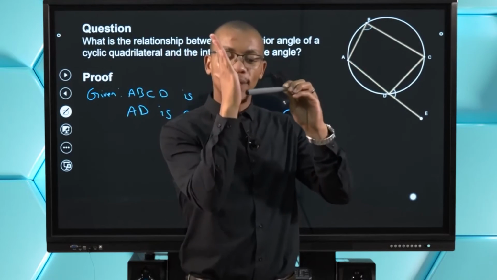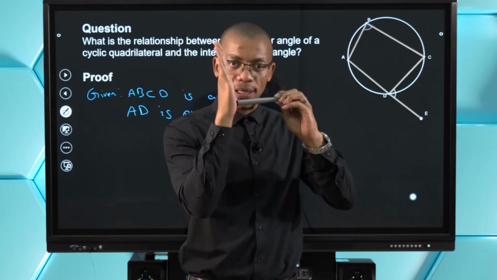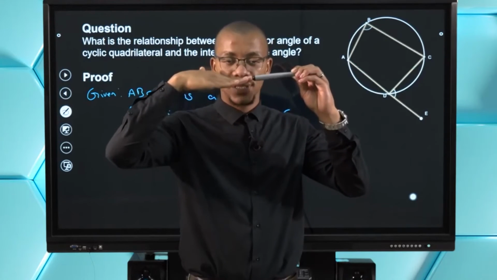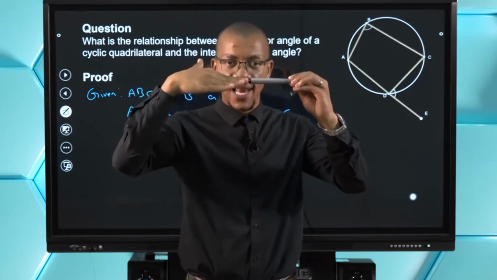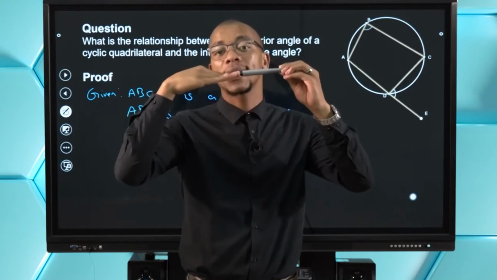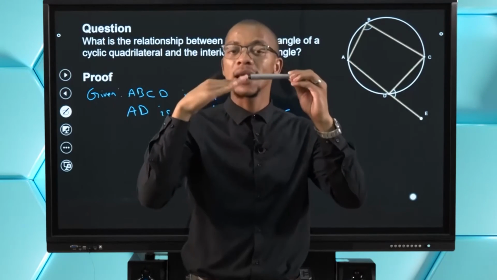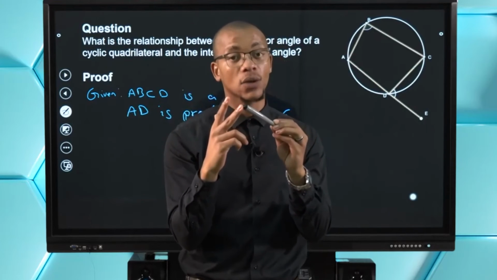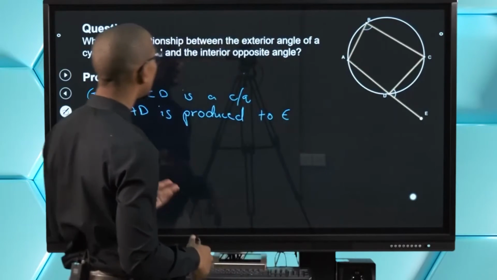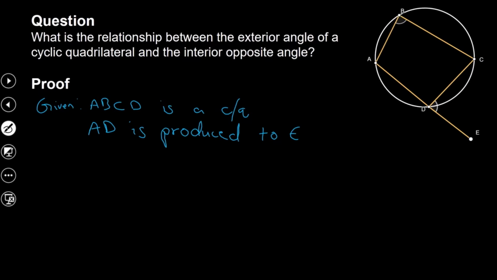But if I just join it like this, I didn't produce anything. Producing it means it must be straight with the initial line that I had when I started. That's what producing means in this mathematics context, by the way. So I know these two things already.